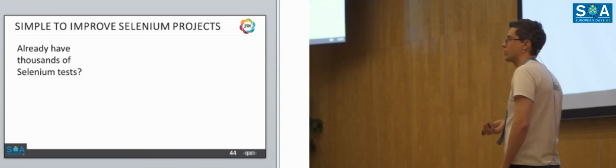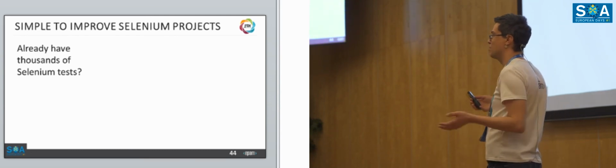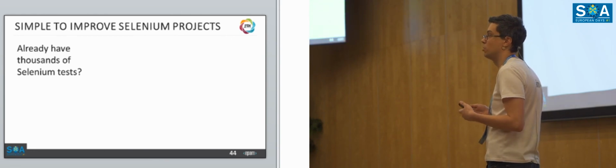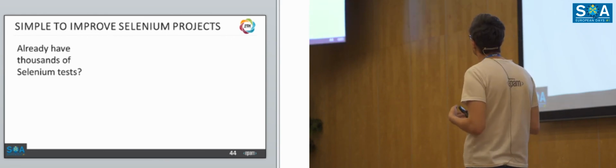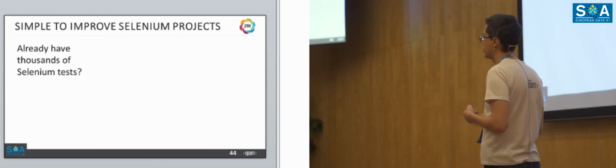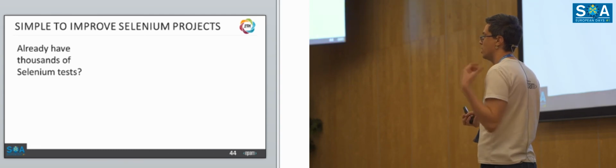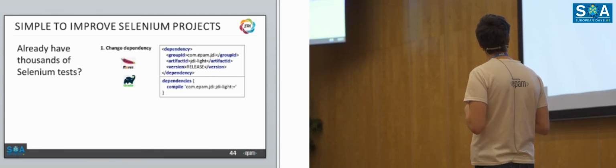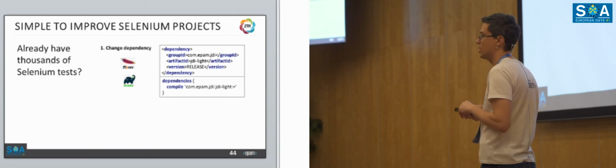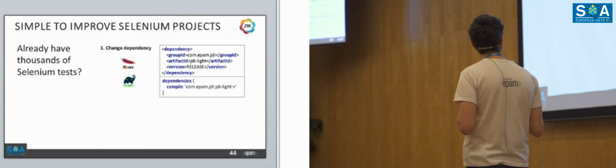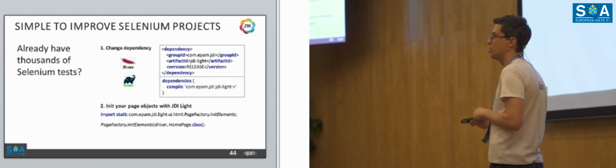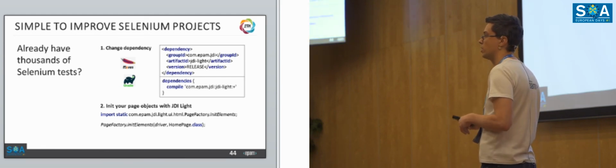And one of the questions: JDI is maybe good, but can I start not from scratch, if I already have a lot of tests, for example, thousands of Selenium tests? And the answer is yes, this is the idea of JDI Light that original JDI can do. You can just simply add the dependency on JDI instead of Selenium and replace the imports in the initialization of the page objects that you have.